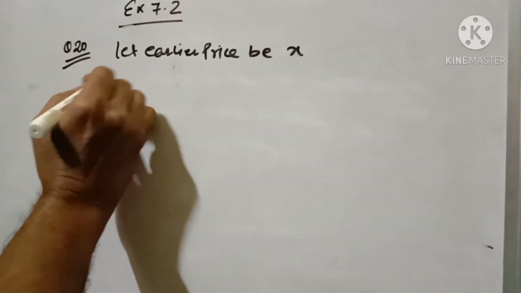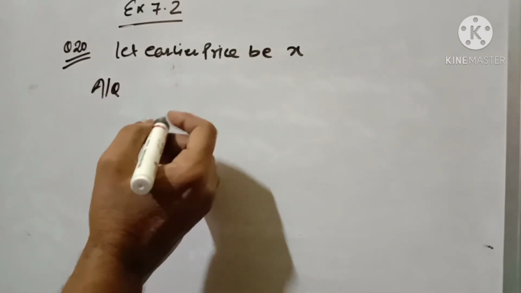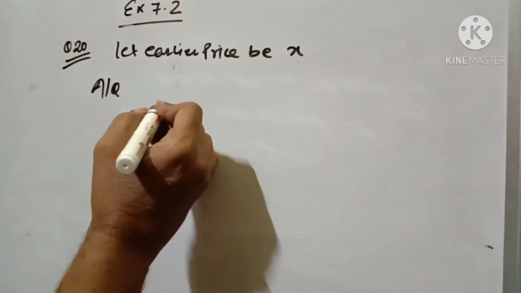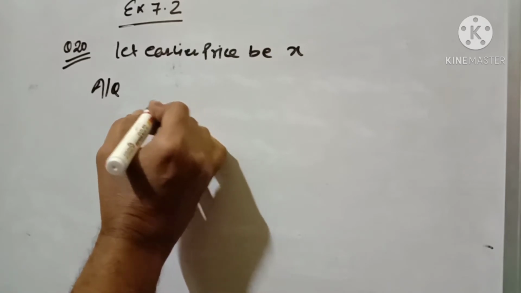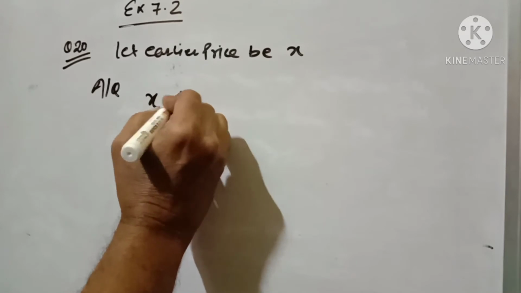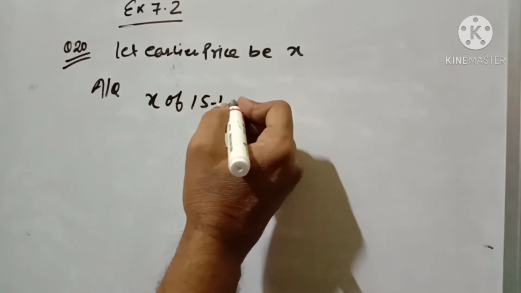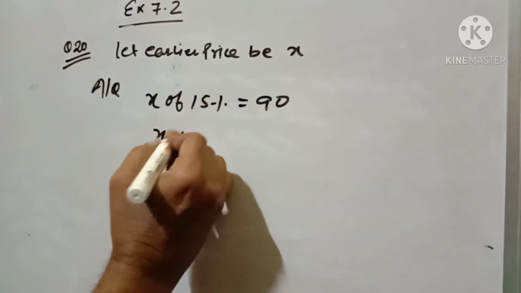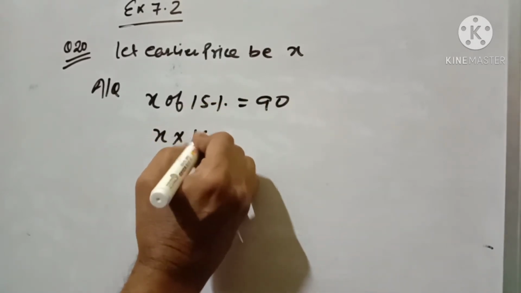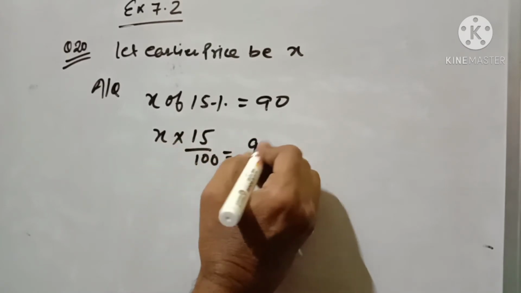So according to the question, it is given that x of 15% equal to 90. So remove the percentage sign, it will come x into 15 by 100 equal to 90.